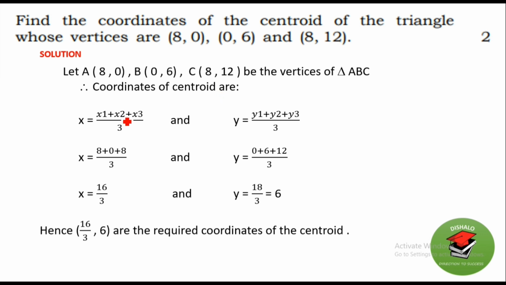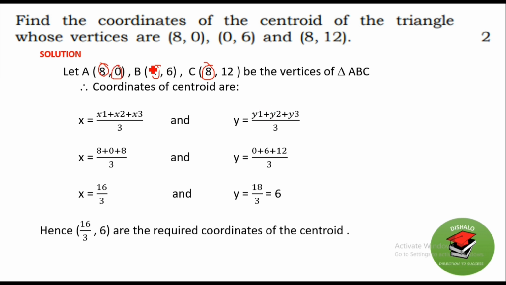So coordinates of the centroid is given by the formula x equals x1 plus x2 plus x3 divided by 3 and y is y1 plus y2 plus y3 divided by 3. Then you put down the values. So here x1 is 8, x2 is 0 and x3 is 8 divided by 3. So it is 16 by 3.